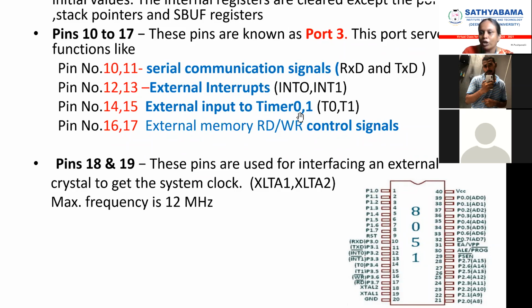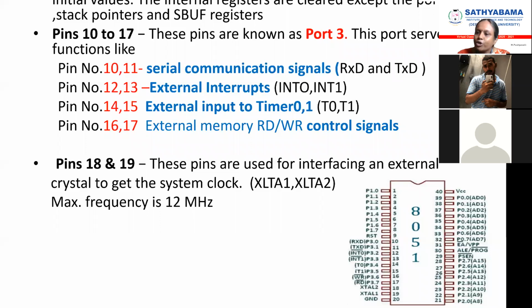Then timer. I told you yesterday, timer and counter. What is a timer? A timer will generate a time delay. It is used to create the time delay. The best example is a traffic light: red, yellow, orange, the light is switching from one condition to another. That is time delay.